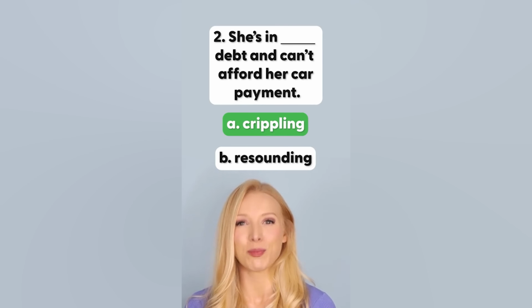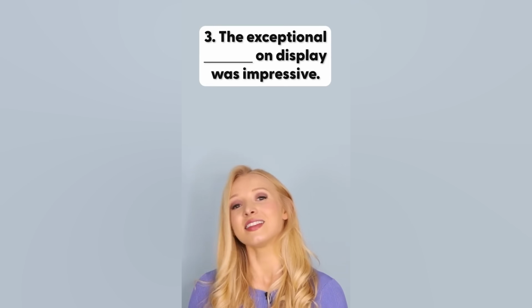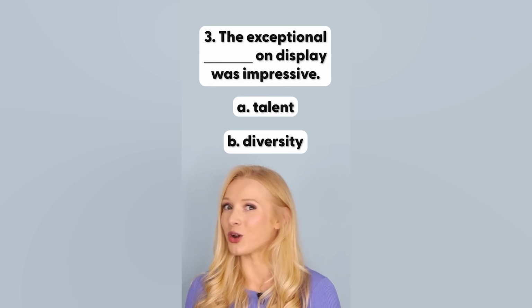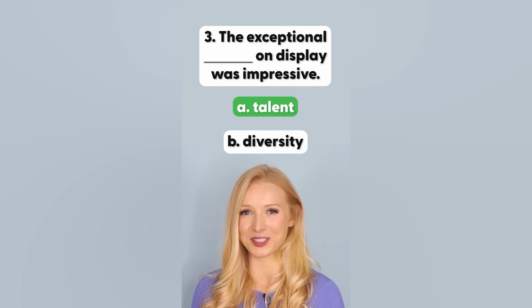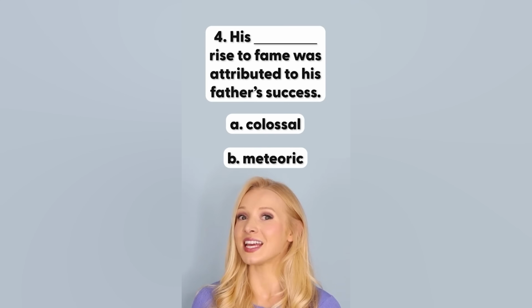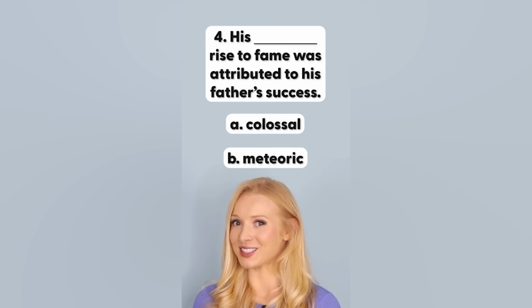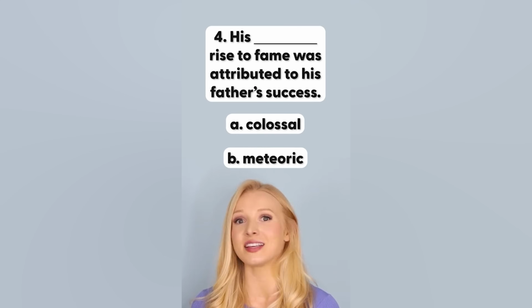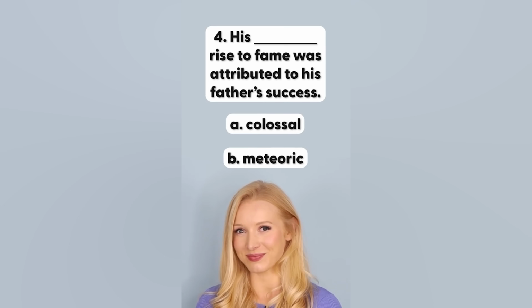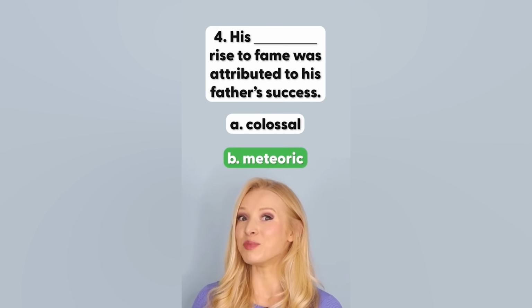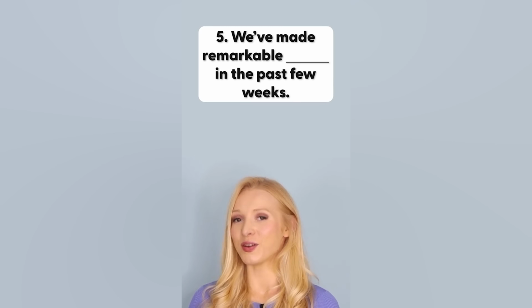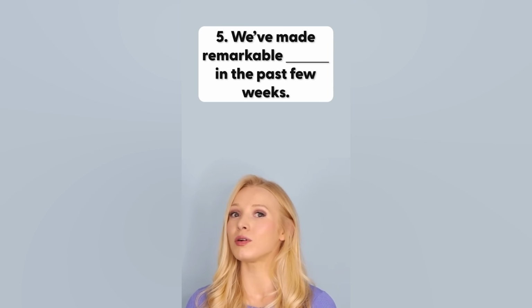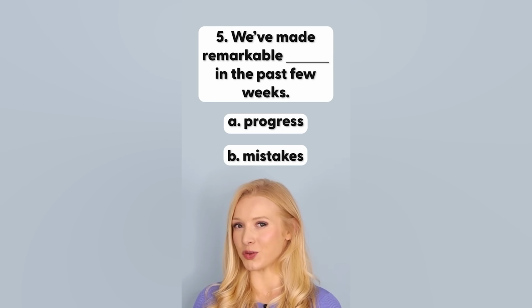Crippling debt. 3, the exceptional on display was impressive. Talent, exceptional talent. 4, his rise to fame was attributed to his father's success. Meteoric rise. And 5, we've made remarkable in the past few weeks. Progress, remarkable progress.